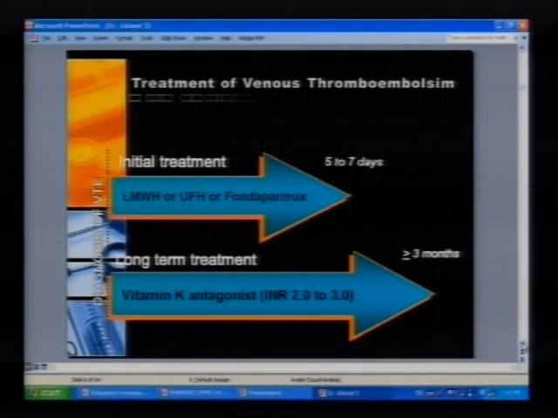If you have any venous thromboembolism, this is the treatment pathway. You have to initiate treatment with low molecular weight heparin, fondaparinux, or unfractionated heparin for 5 to 7 days until you ensure the warfarin gets into the therapeutic range. The duration will vary according to the indication, but it is a must to start some sort of heparin.